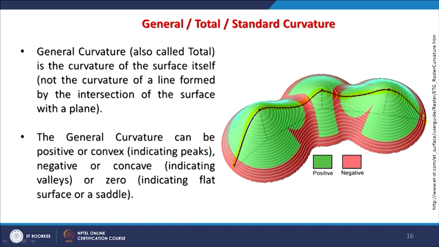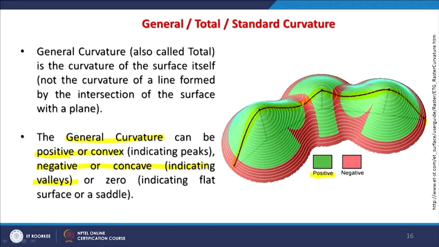So, the general curvature or the total curvature or standard curvature can be either positive in case of convex, as you can see here, indicating peaks as you have seen here, or negative or concave indicating valleys like here, the middle part.